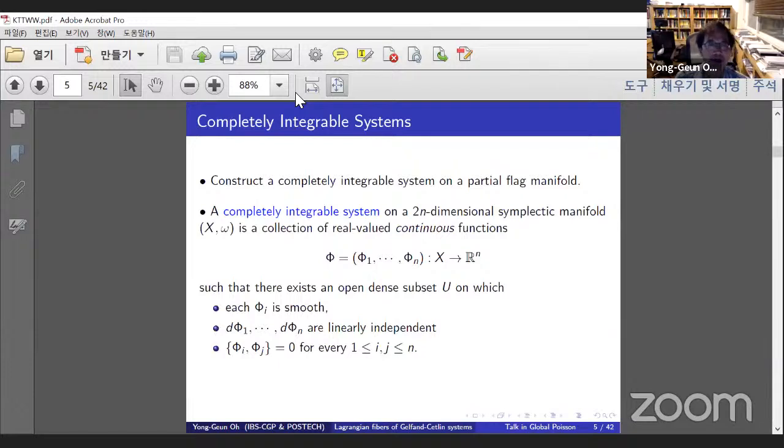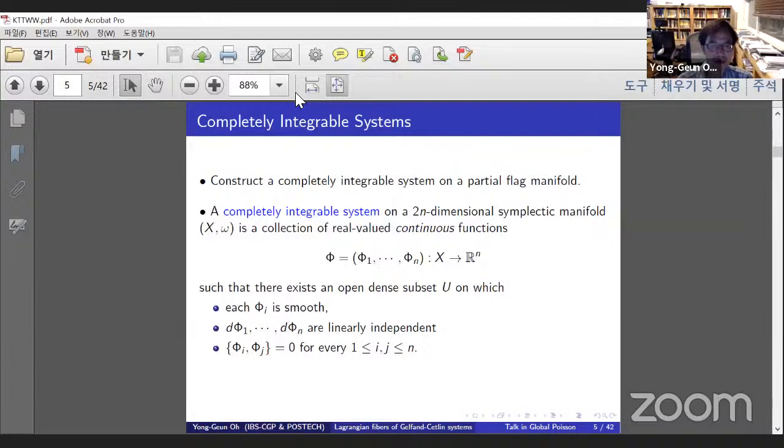And it turns out they are completely integrable systems in the sense that if this flag manifold has dimension 2n, you can find n independent functions in involution that satisfy these conditions, and each function is smooth.